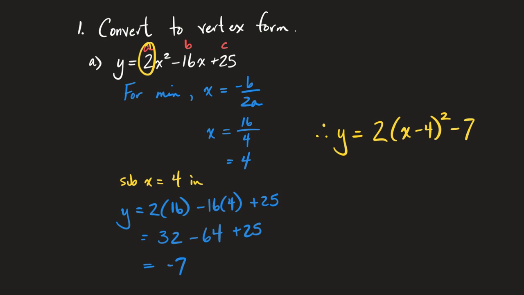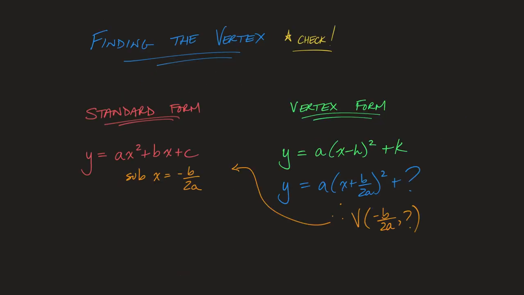There is also another facet to what I want to address with us using our -b/2a. This is something that can be used as a significant check. Okay, let's take a look back a little deeper. I just put up back on the screen our standard form versus vertex form, and I put down a couple key features.